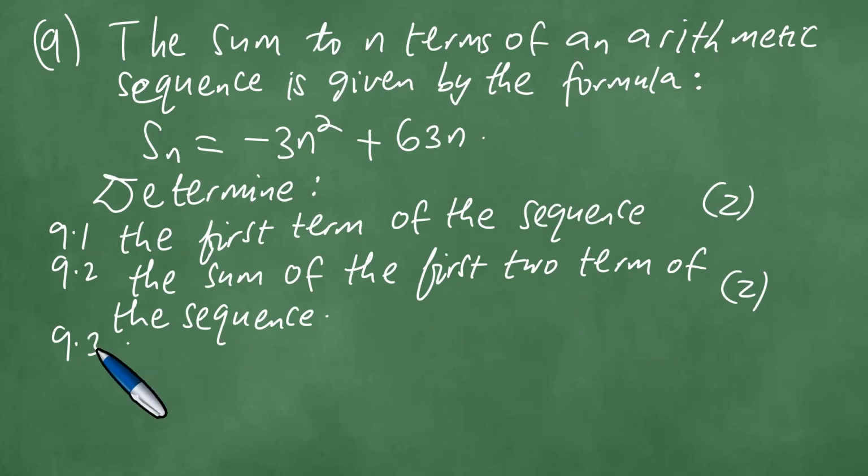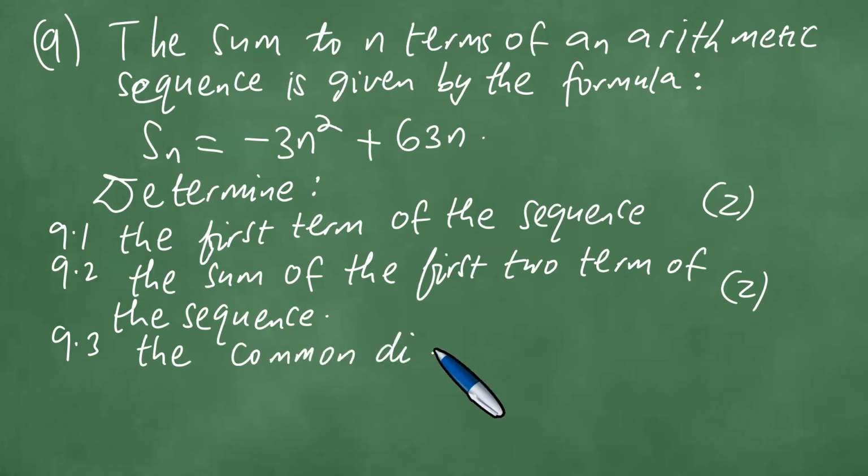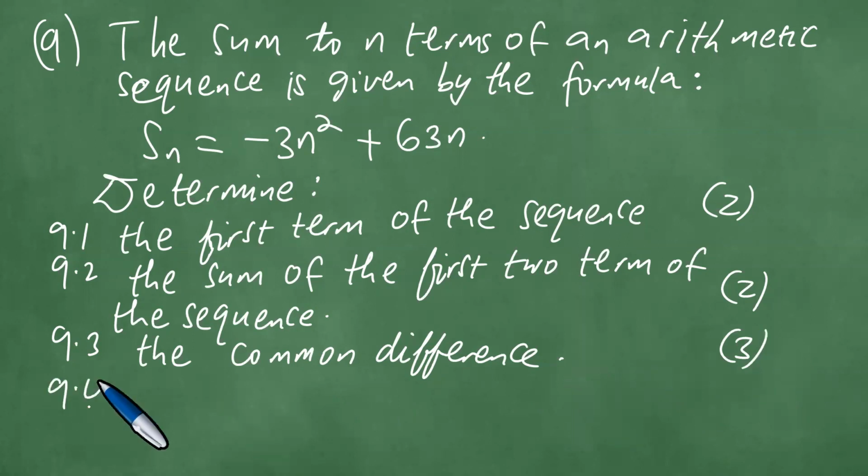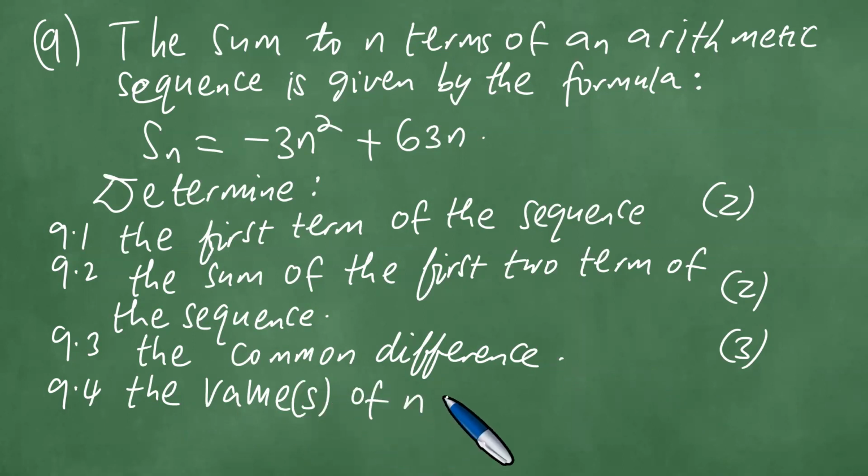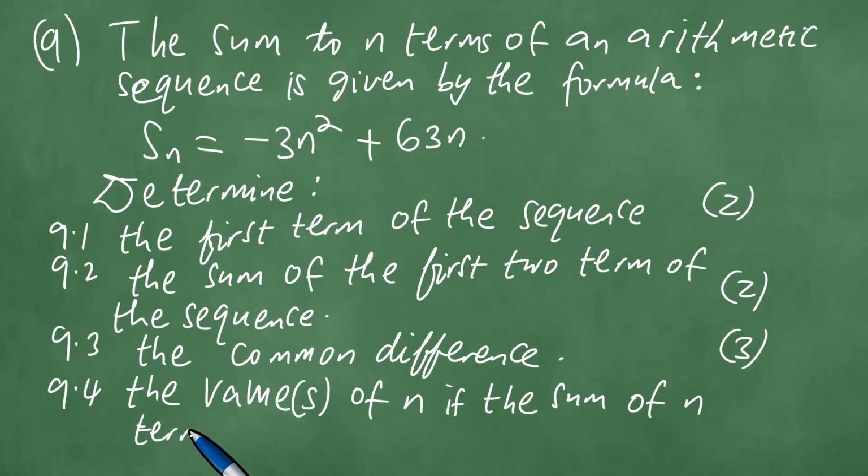Two marks. 9.3, the common difference. 9.4, the value or the values of n if the sum of n terms is 294. Okay.